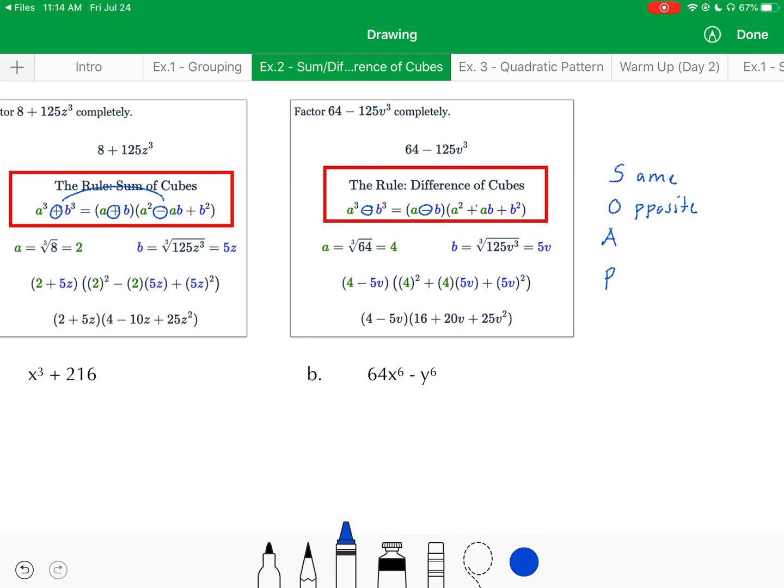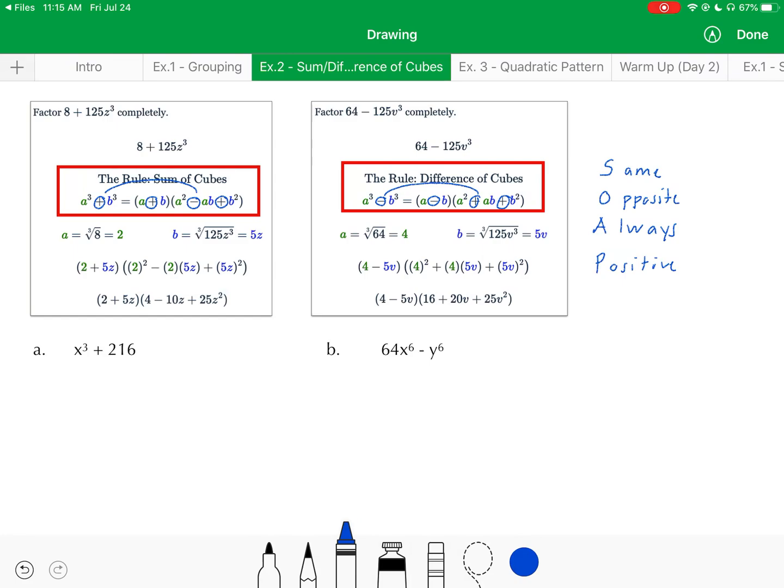And then same here, these are opposites. And then the A and the P, they go together. A stands for always, P stands for positive. So AP means always positive, and that just means this last term here is always going to be positive, okay? So that can help you just, again, remember the signs of your terms in your different factors, okay?